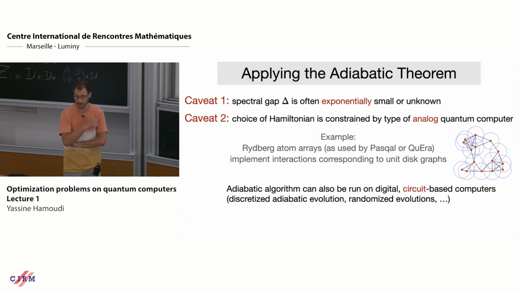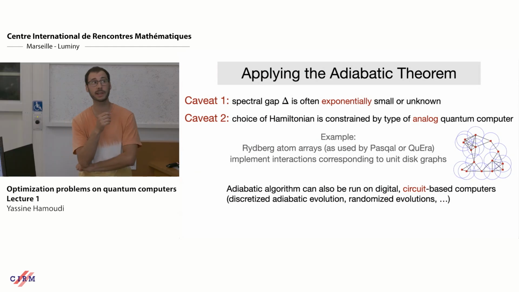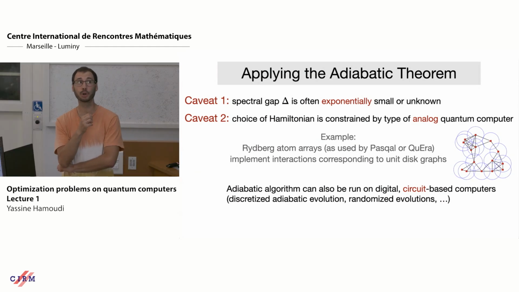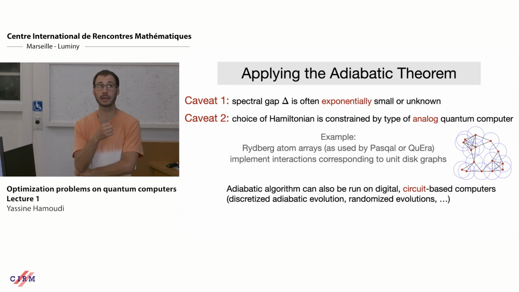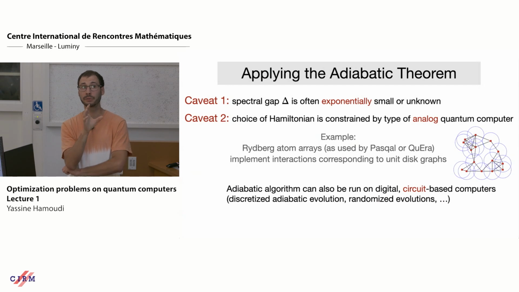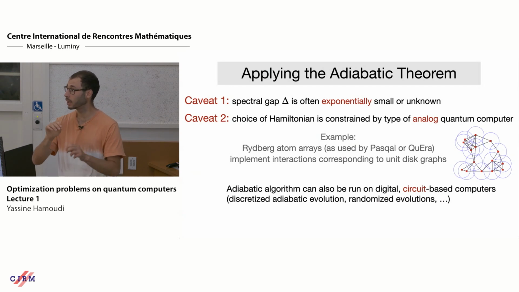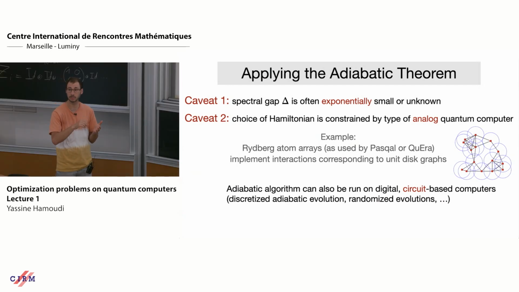An example is the Rydberg atom, which is a typical choice explored by some companies for doing analog computing and solving this kind of optimization problem. The issue is that there are some restrictions on the type of interaction that you can have in HT over time. If you don't have the right interaction, then the cost may increase a lot if you want to do the simulation.